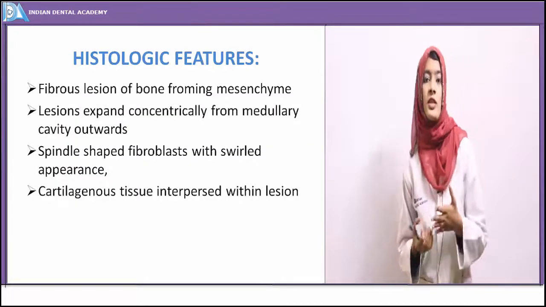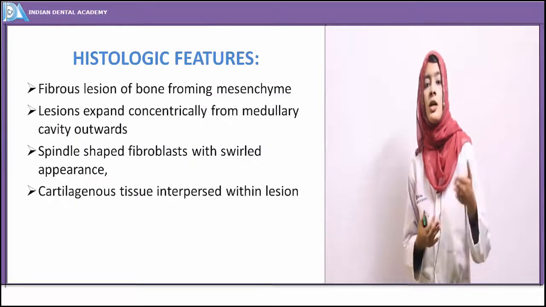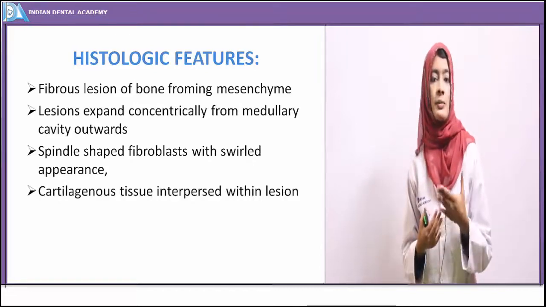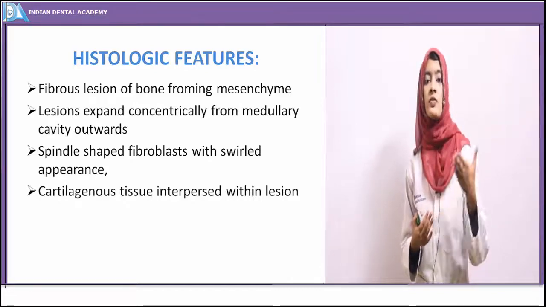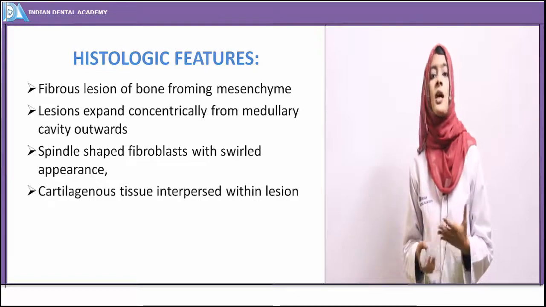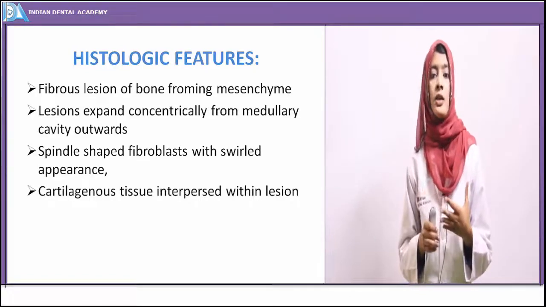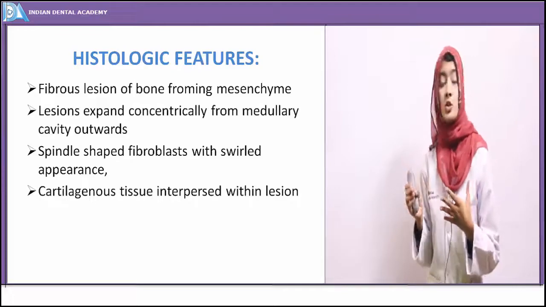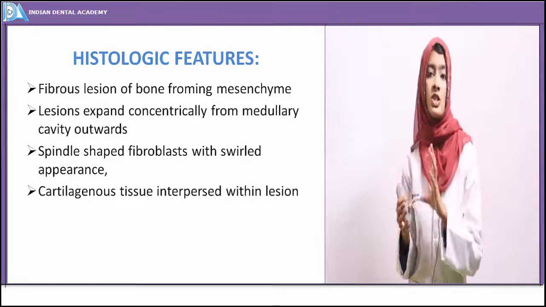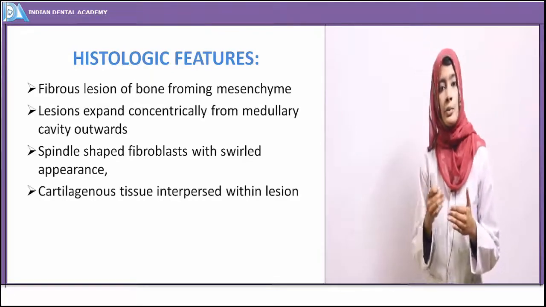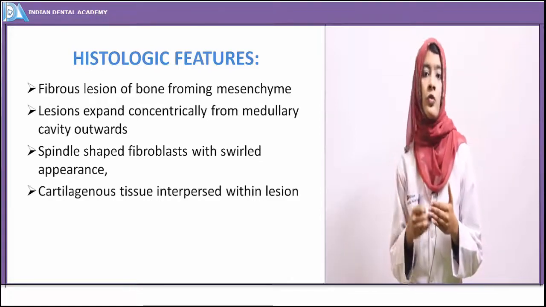As we have already seen the microscopic picture, it's essentially a fibrous lesion, right? There are spindle-shaped fibroblasts, and whatever trabeculae are formed are irregular in nature. They show a characteristic C-shaped appearance, and the trabeculae are essentially made of woven bone.